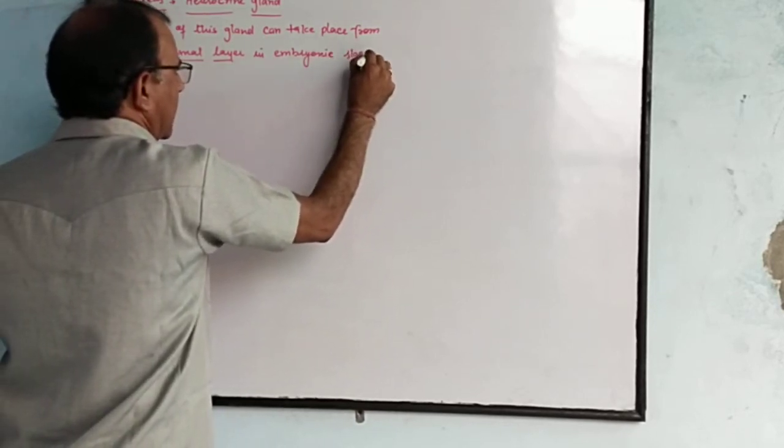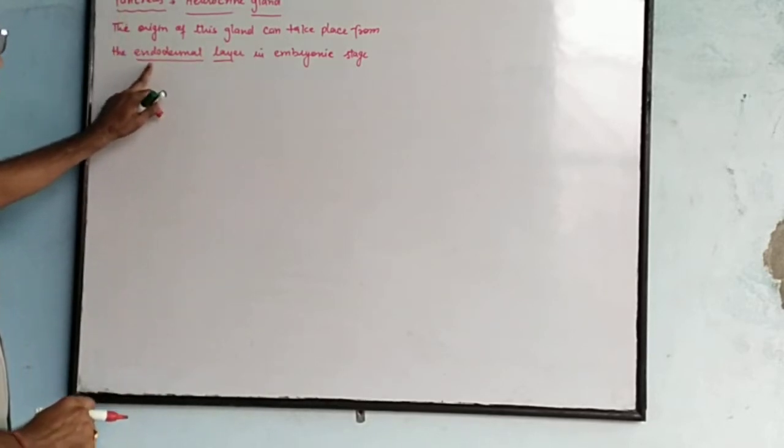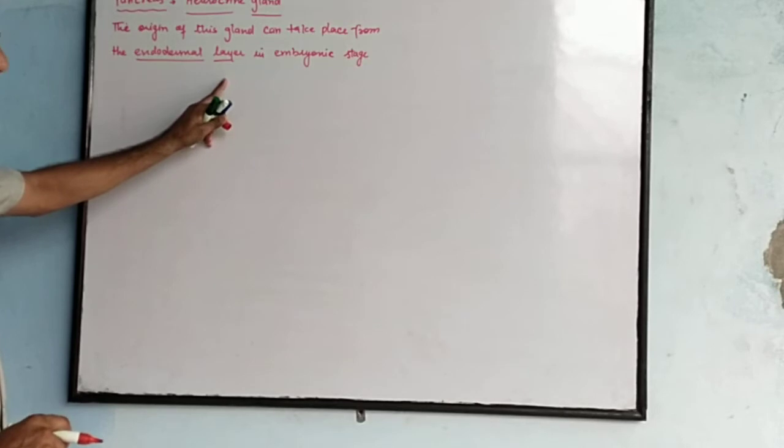It means the germ cell contains three layers: ecto, meso and endo. So the pancreas is generated from the endodermal layer, the innermost layer.